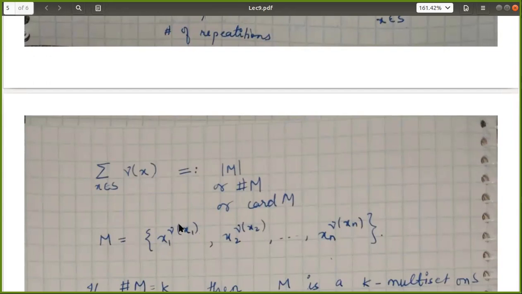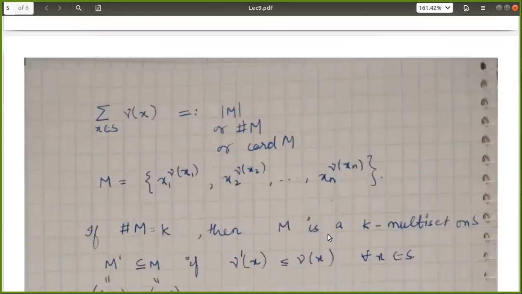Similarly for x2 and so on till xn. x1, x2, ..., xn were the elements of S. Then M given nu is x1 raised to nu(x1), x2 raised to nu(x2), and so on till xn raised to nu(xn). If the cardinality of M is k, then you call M a k-multiset on S.